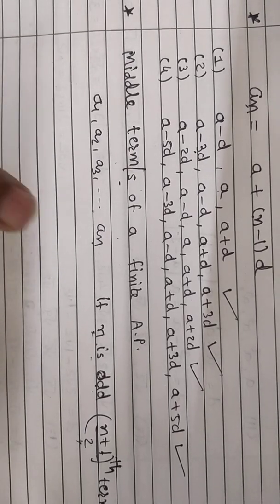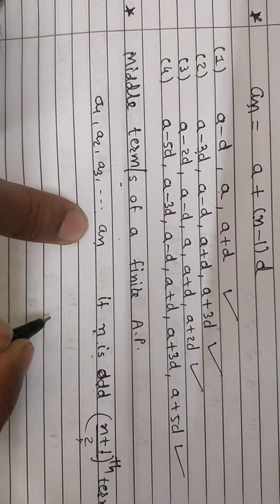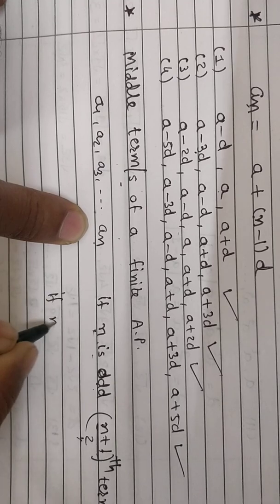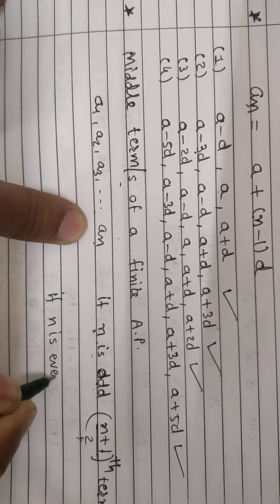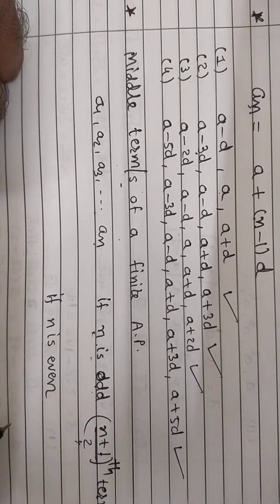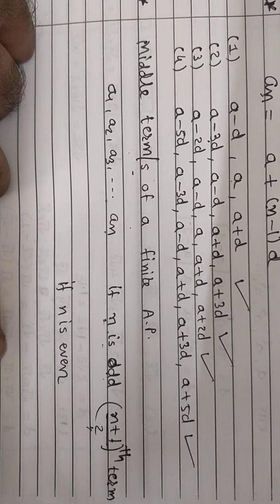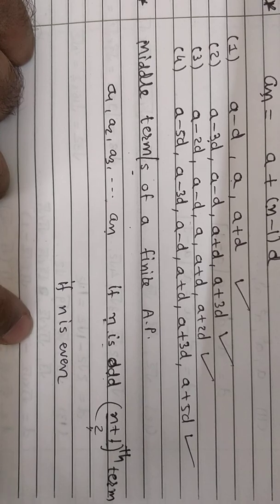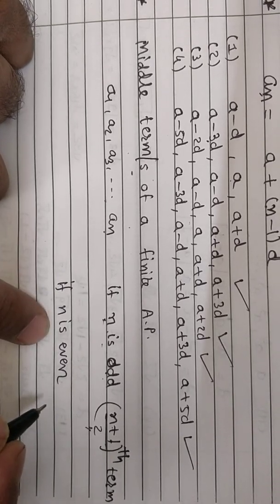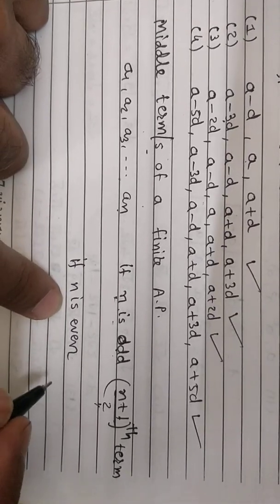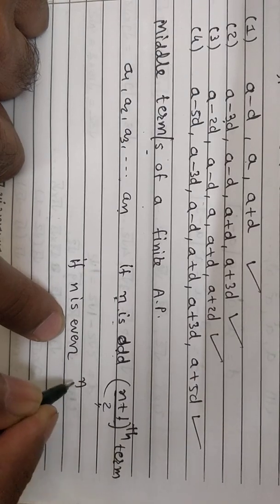And in this question, if n is even, then the AP has 2 middle terms.